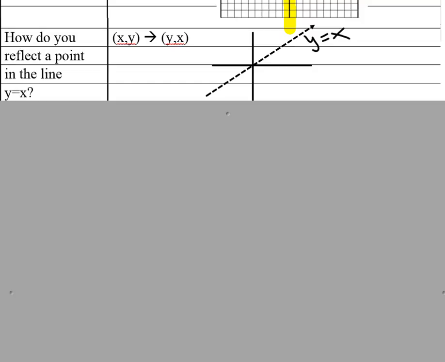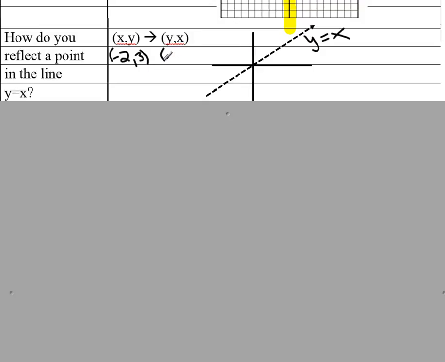So if we're reflecting a point over the line y equals x, we actually flip-flop our x and y values. So let's say that we had the coordinate -2, +3. Then what we would do to reflect it over the line y equals x is we would flip-flop the x and y values.